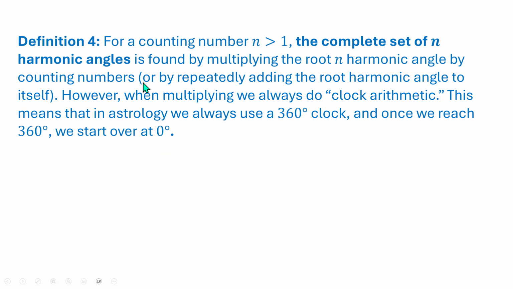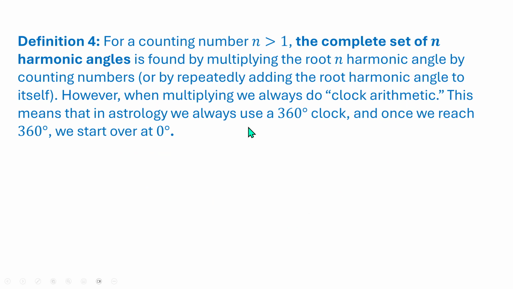Okay, another definition. I think this is the last one. For a counting number n greater than 1, the complete set of n harmonic angles is found by multiplying the root n harmonic angle by counting numbers, or equivalently by repeatedly adding the root harmonic angle to itself. However, when multiplying, we always do clock arithmetic.